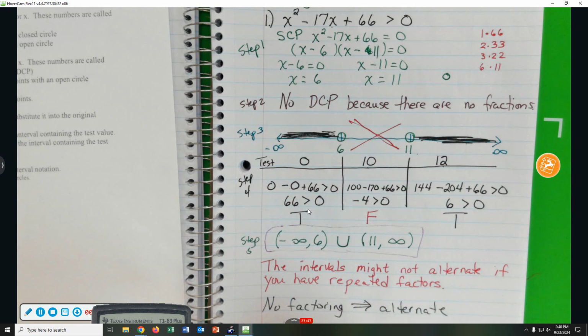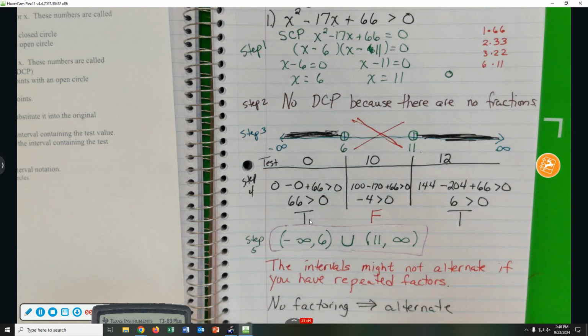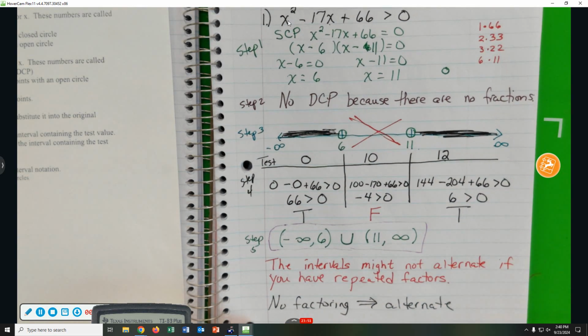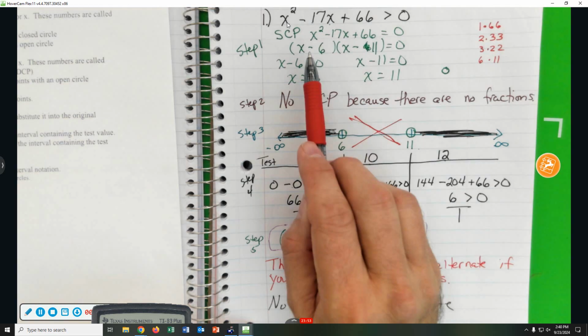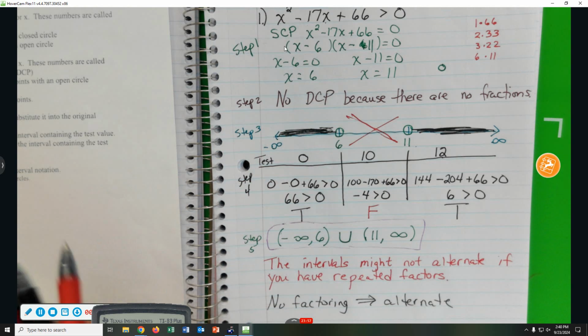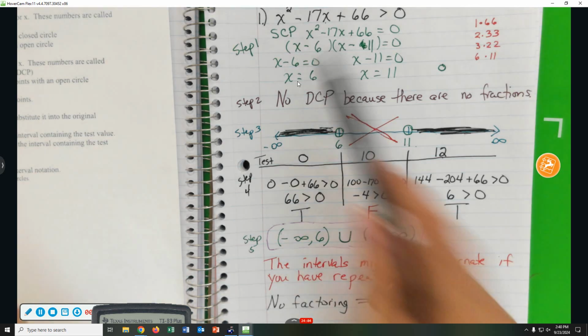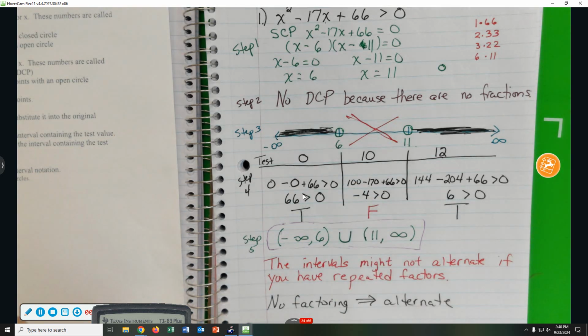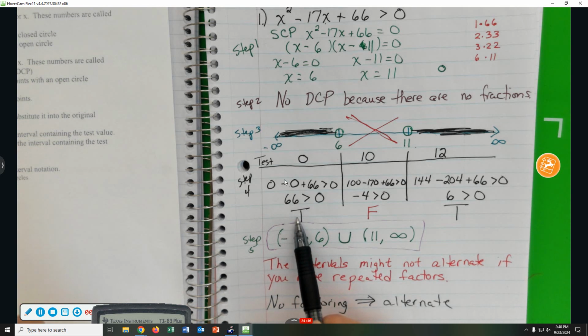But if you don't need to factor it, then it's going to alternate. If you do factor, but you get different stuff in the parentheses, then it alternates.